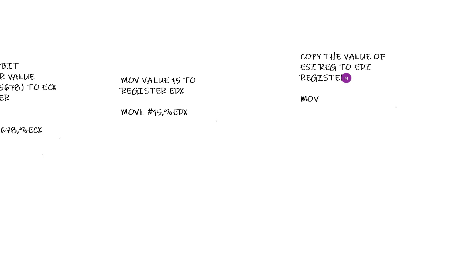After that, copy the value of ESI to EDI. What is the source here? ESI. So after the instruction name, give one space, give a percentage sign, then ESI. This is our source. After that, comma. Then what is the destination?